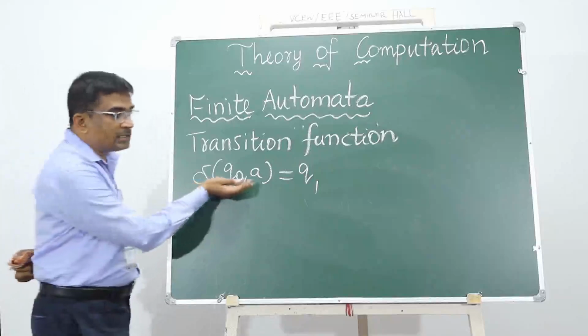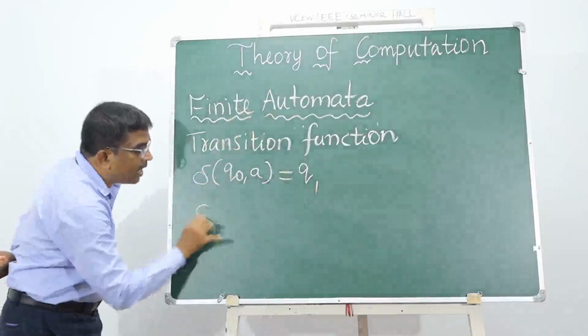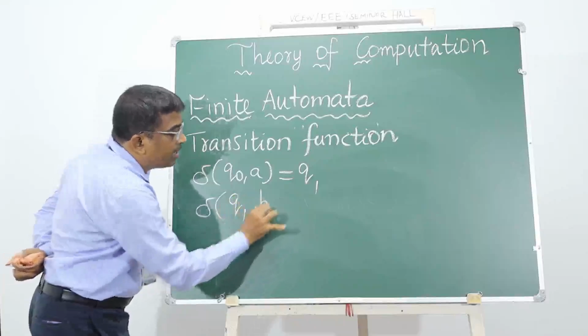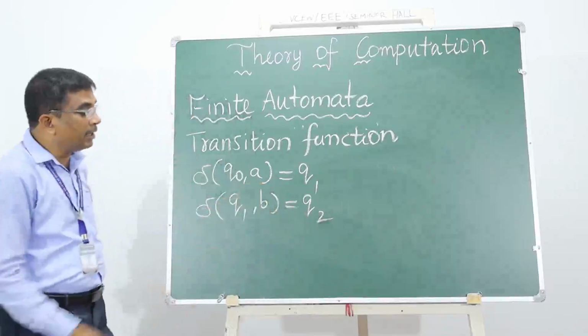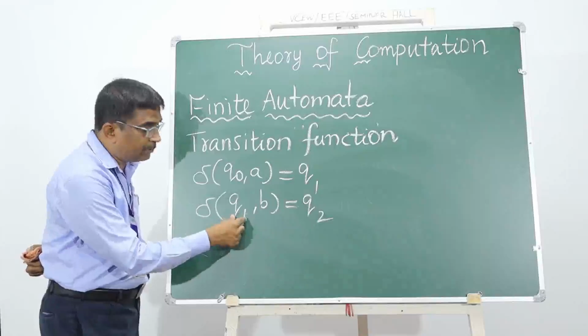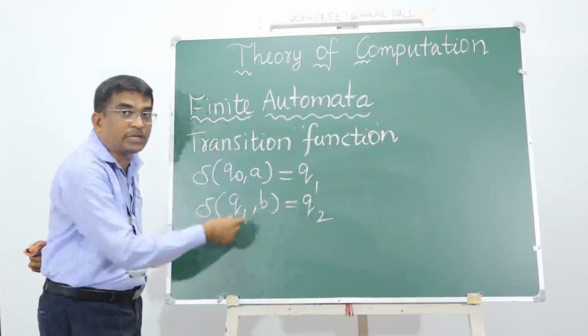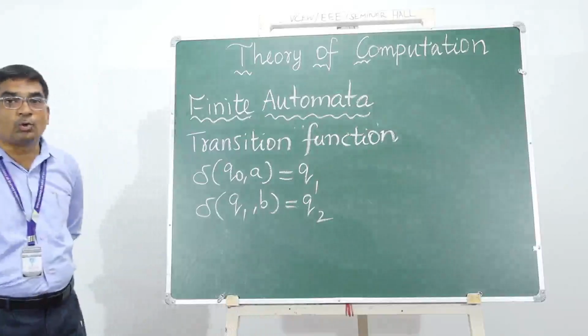Consider this the first transition function of a finite automata. Again I will give one more transition function: delta of q1 comma b equal to q2. The same procedure: q1 is the input state and b is the input symbol, and for this transition function q2 is the output state.